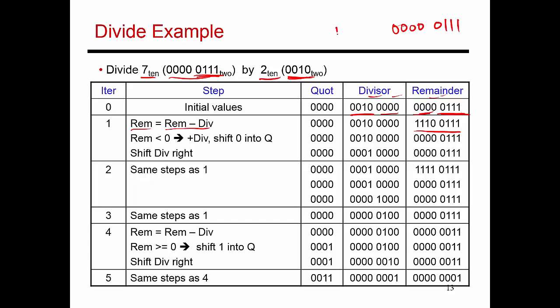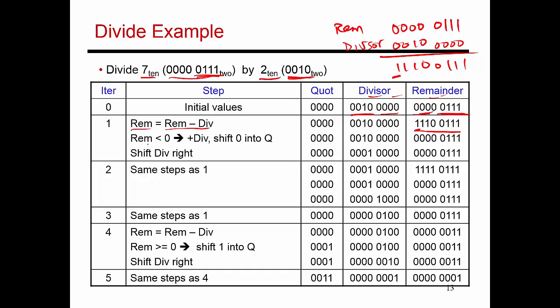My divisor is 0, 0, 1, 0 followed by 4 zeros. If I do the subtraction, the result I get is 1, 1, 1, 0, 0, 1, 1, 1. By looking at the most significant bit, I know that this is a negative number.